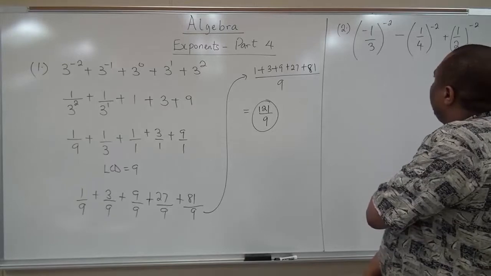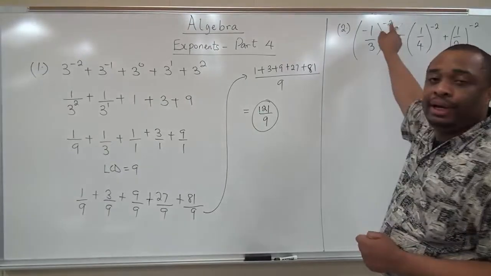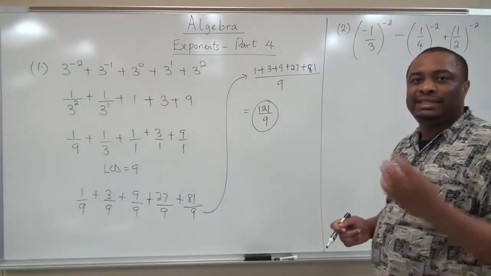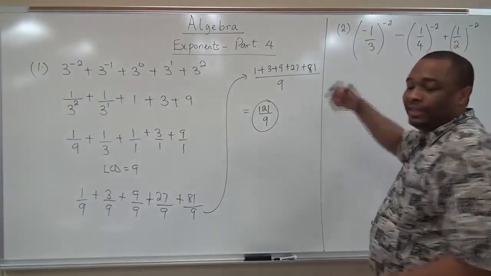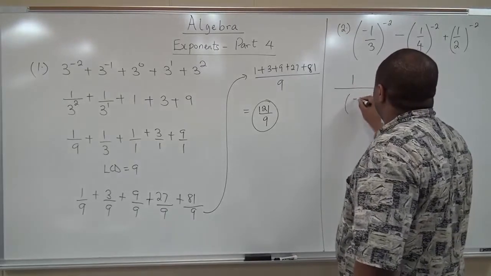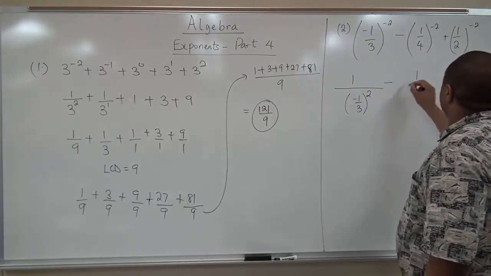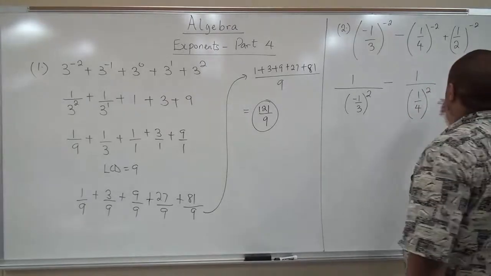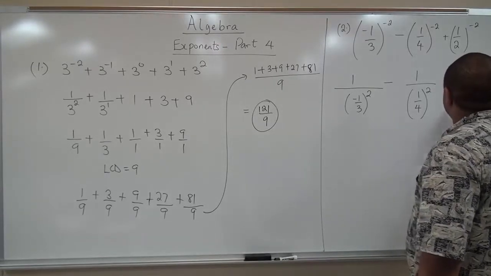Okay, so we still apply the law of exponents. A base with a negative exponent is the reciprocal of the same base with the corresponding positive exponent. So this is 1 over negative 1 over 3 all squared, minus 1 over 1 over 4 all squared, plus 1 over 1 over 2 all squared.